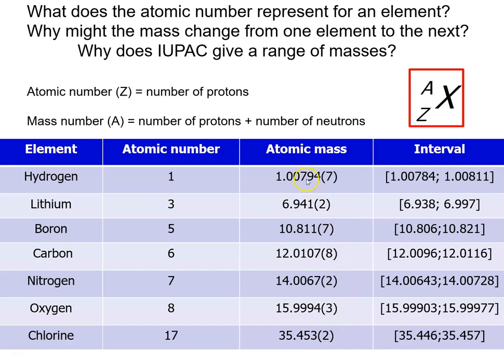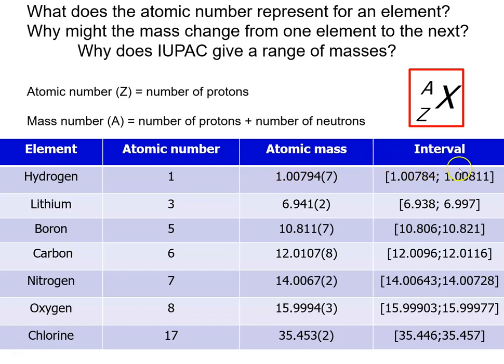So the average atomic mass for hydrogen is 1.00794, and this last number is estimated. This means that some hydrogen atoms have a neutron and some don't. There are different isotopes of hydrogen, where you might have a proton and a neutron, and sometimes it's just a proton.